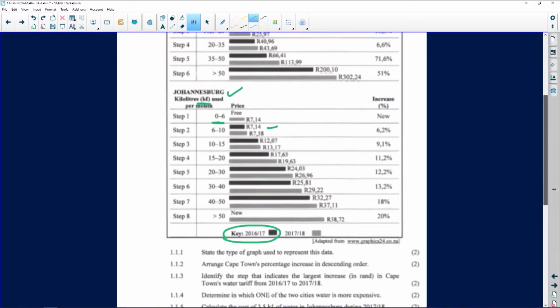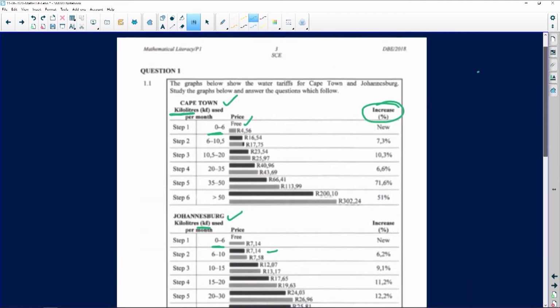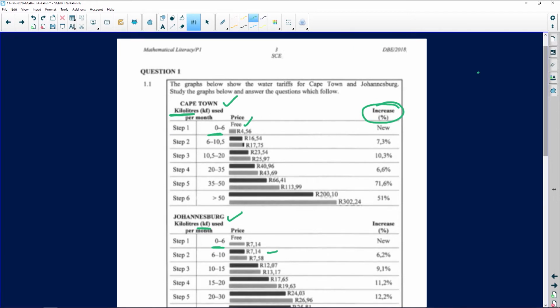Cape Town. Cape Town is the first one over there. The biggest one is your 71. So your 71 would be the first one. This would be the first percentage. And this would be the second percentage, which is your 51. And you would have that being your third one, which is 10.3. And you would have your 4 over there and your 5 happening over there.